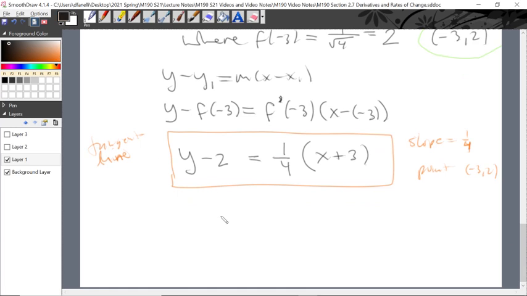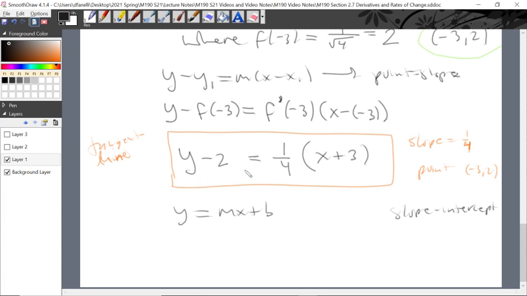Now, what if we wanted the slope-intercept form for the equation of this line? Okay, right, we just used point-slope right here. Point-slope form of the equation of the line. What if we wanted slope-intercept, which can be helpful if we want to express this as a function, that is to solve it for y. What if we wanted y equals mx plus b form?